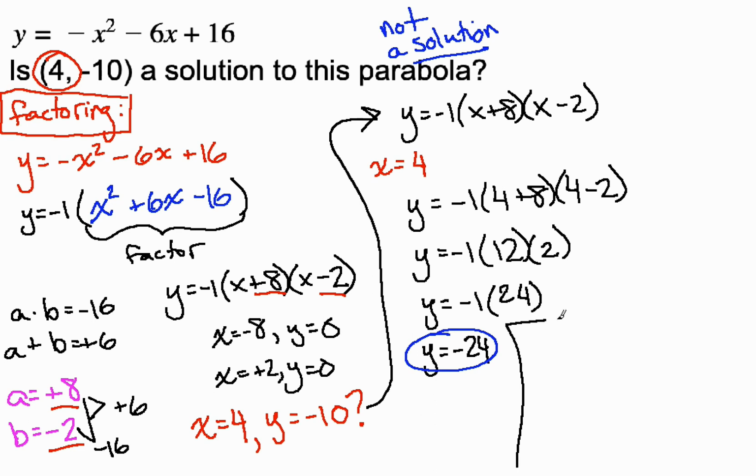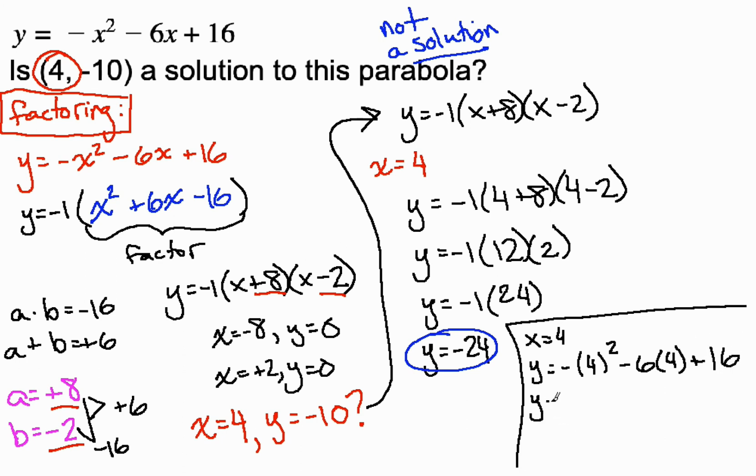Another quick way I could have done it was plug in x equals 4 into my original equation. Y is equal to negative 4 squared minus 6 times 4 plus 16.